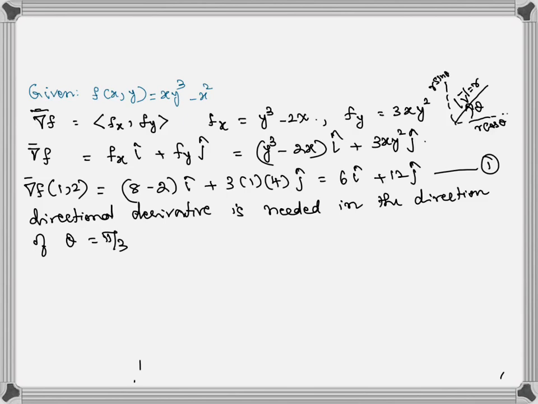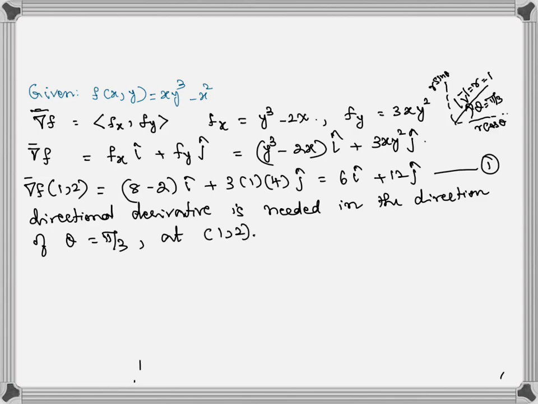So if we know the magnitude of the vector, by looking at the horizontal and vertical components, we can write the vector. Here theta is pi by 3 and r equals 1 because it is a unit vector, so the length is 1. So the unit vector can be written as 1 cosine pi by 3 for the horizontal component and 1 sine pi by 3 for the vertical component.